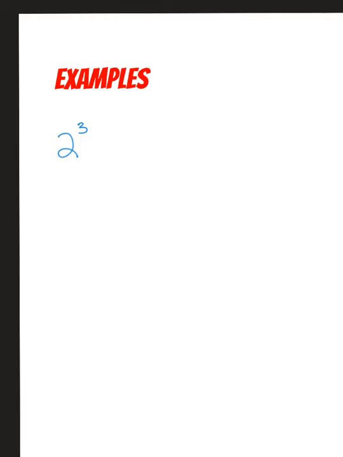So what are we multiplying? 2. How many times are we multiplying it by itself? 3. If we write it in expanded form, it's 2 times 2 times 2. Recap from last semester, or if you're new, the dots are multiplying now because we are all grown up.